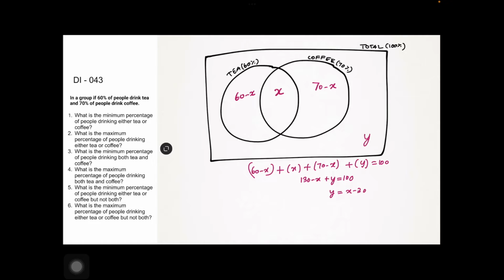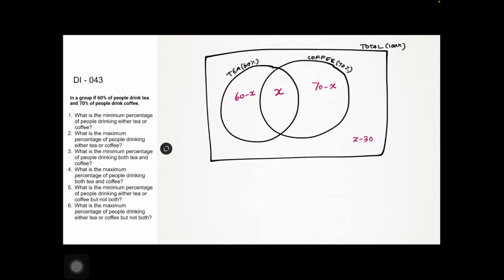Let me take the outside region as y. I know 60 minus x plus 70 minus x plus y should be equal to 100%. Using that, I get y is nothing but x minus 30. Now I have all 4 regions in terms of a single variable x.